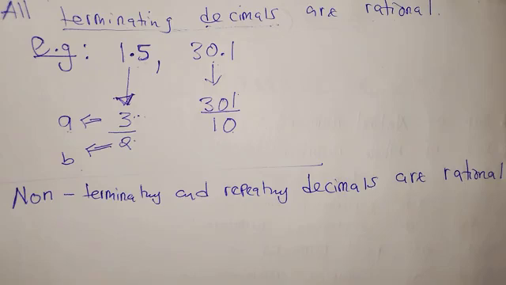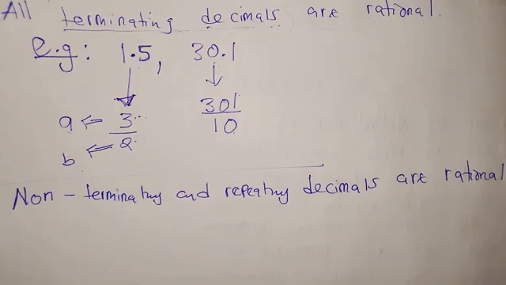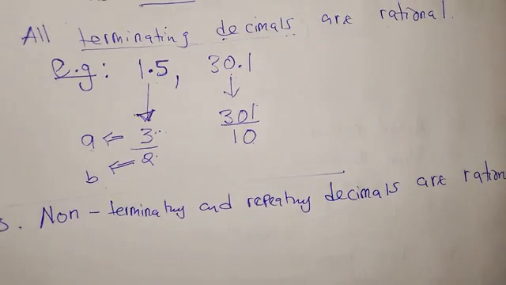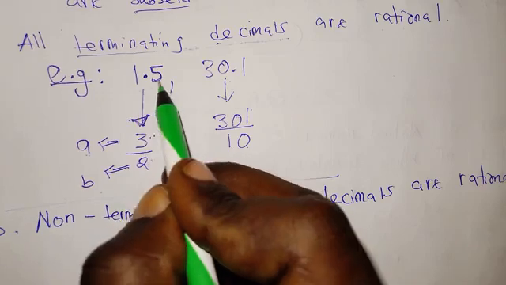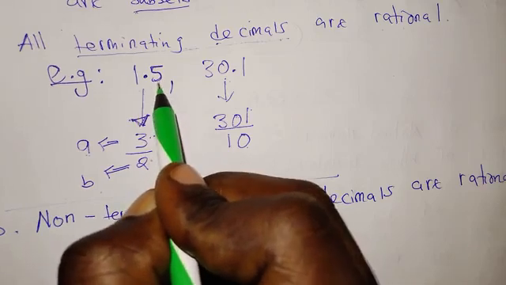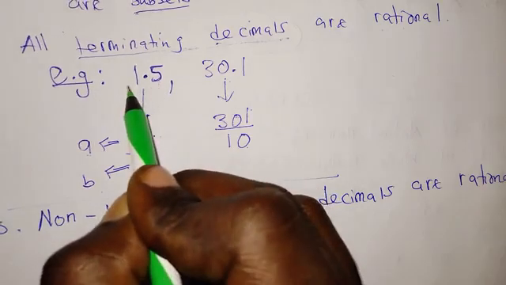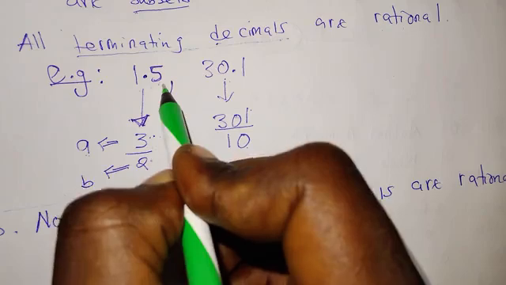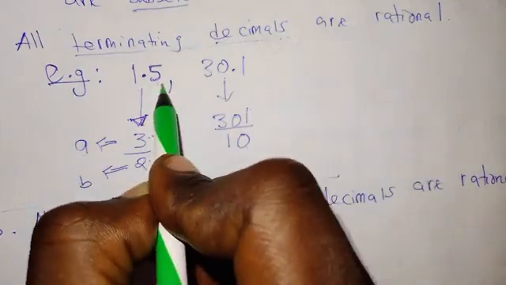What do we mean? Now look at this. Here we had 1.5. This is a terminating decimal. After the point, the number is terminated, it is just ending at 5.